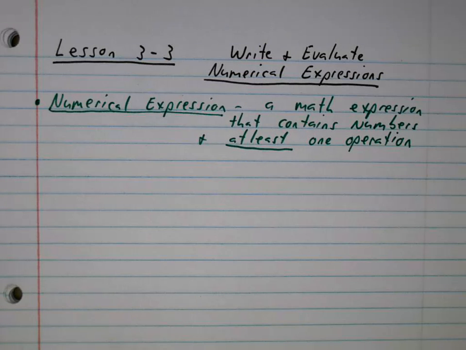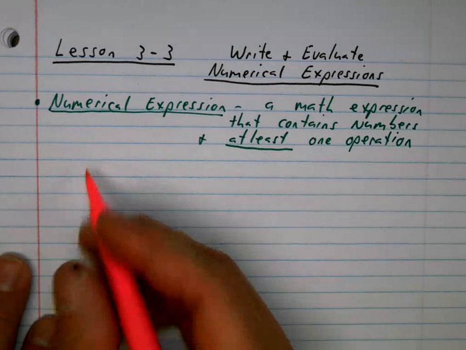So could it have two? Yes. Three operations? Yes. Four operations? Yes. But it has to have at least one operation. I'm going to go ahead and write down an example of what a numerical expression could look like.